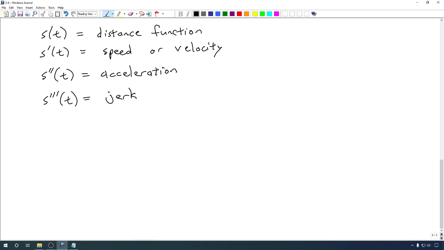It sounds like not a very precise term, but that's what they use in engineering and physics sometimes to describe this particular quantity.